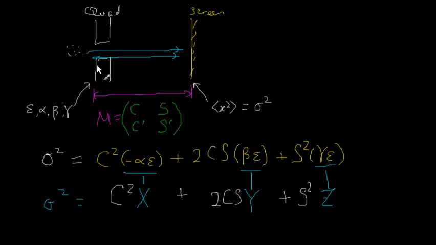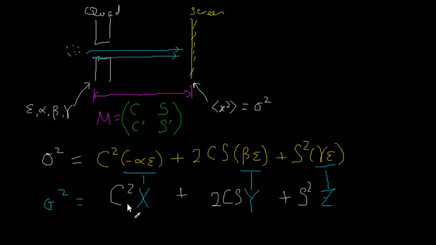So the idea is that when I do a quad scan, for each quadrupole strength, I would have a different set of values of C, S, and the resulting sigma squared. So right now, let's say I have the actual twiss parameters in front of the quadrupole.